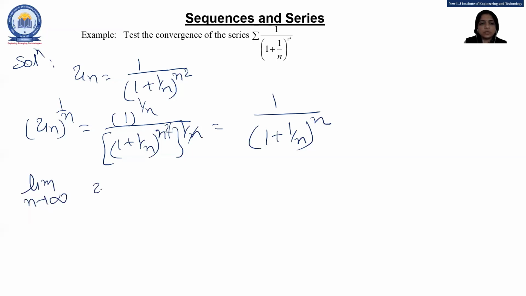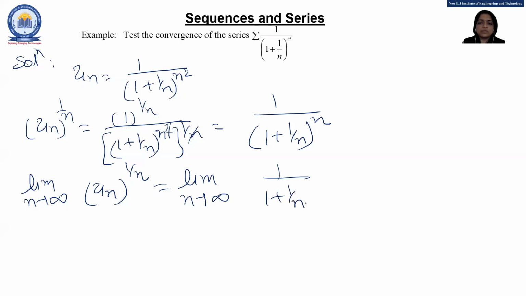Limit n tends to infinity, u_n raised to 1 by n. Now the right hand side is limit n tends to infinity, 1 upon (1 plus 1 by n) raised to n. Now tell me, what is the limit of our right hand side?